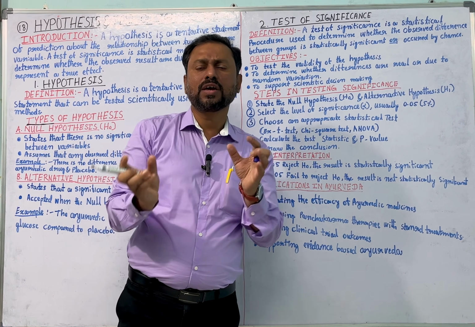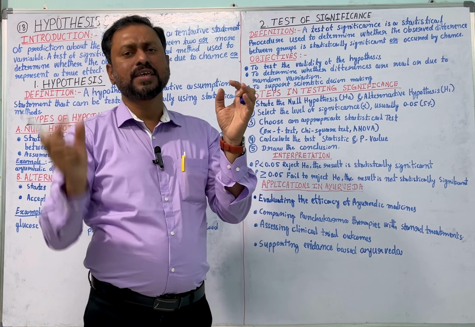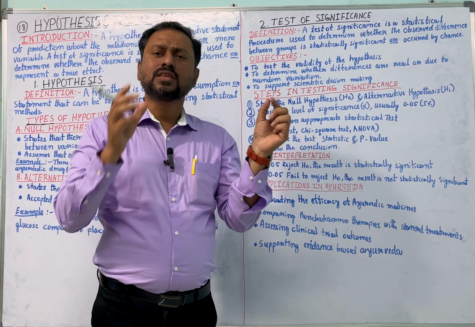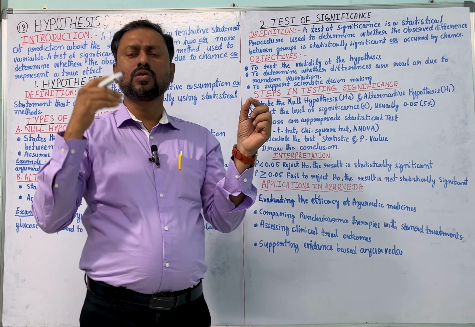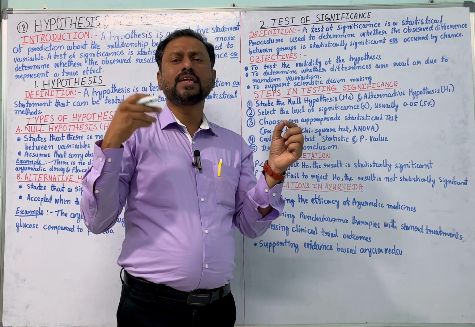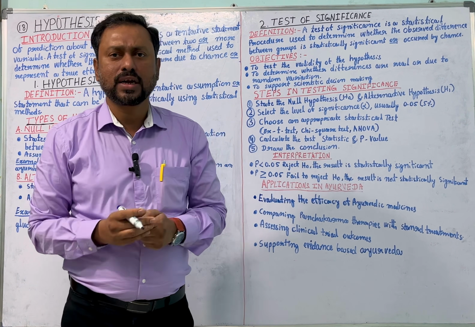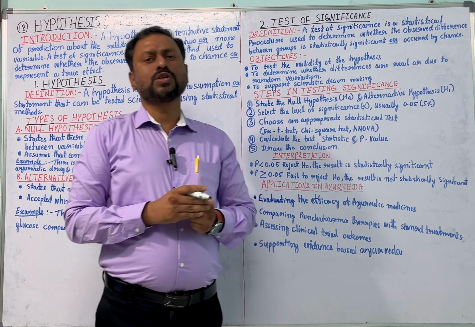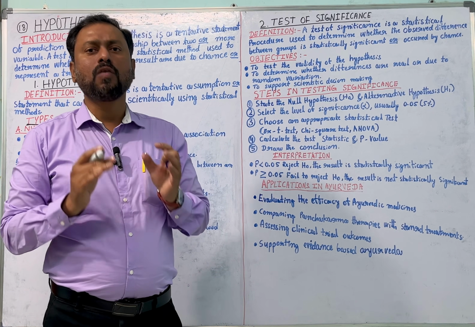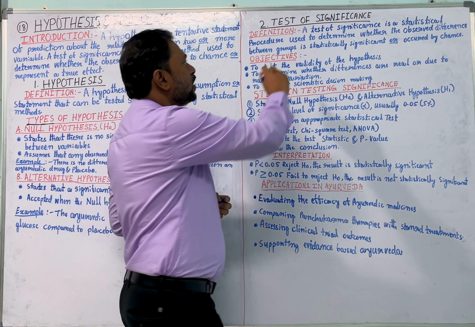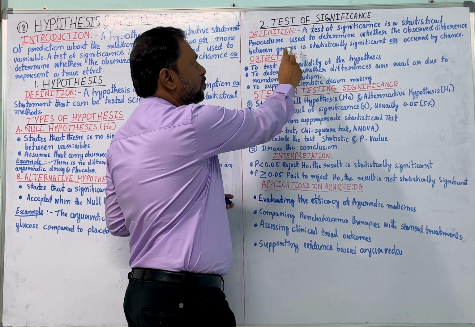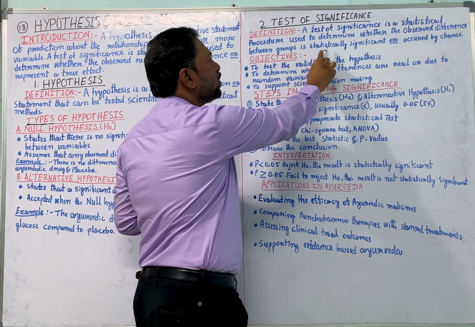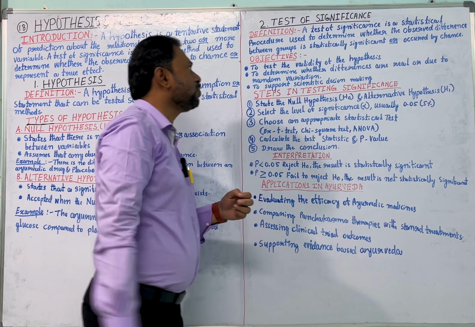Consider the same example: if you give the Asanadi tablet and the result came, we test whether the result is due to the effect of the drug or by chance, with the help of this statistical procedure. That is called a test of significance.